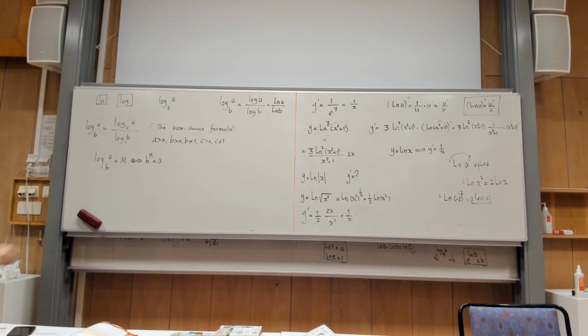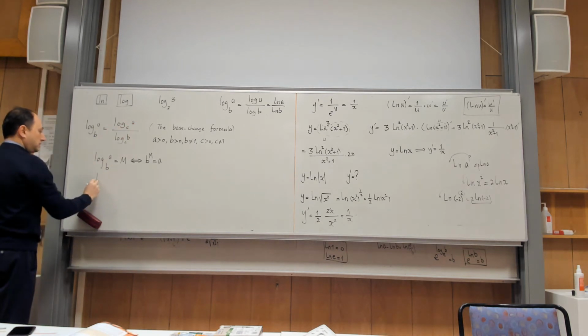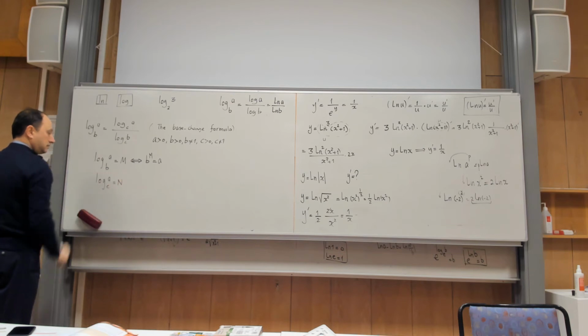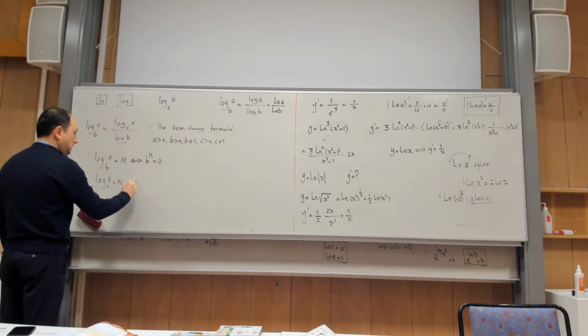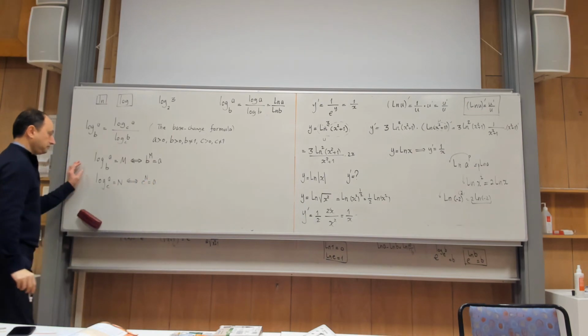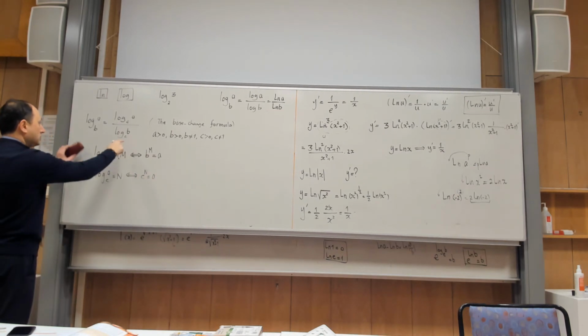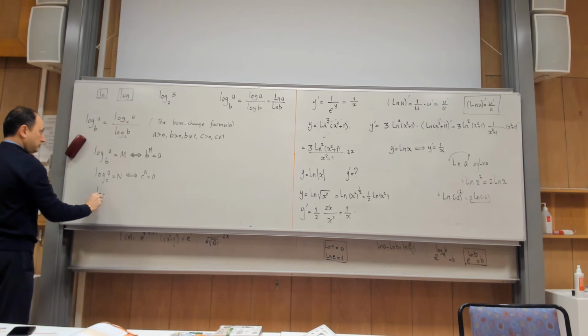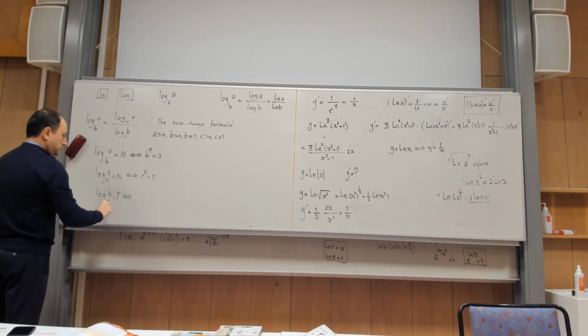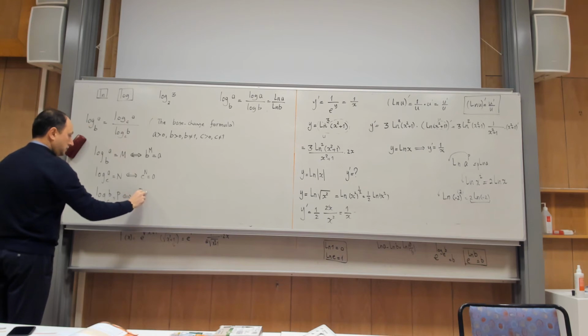Let me call log of a in base c the number n. Then this means that c to the power n is equal to a. And let me call this number p, for example. Then this means c to the power p is equal to b.